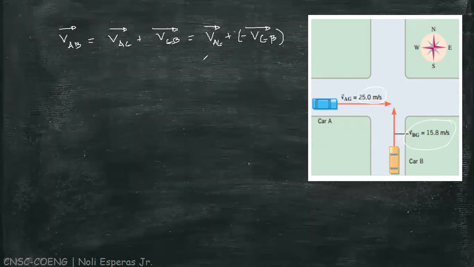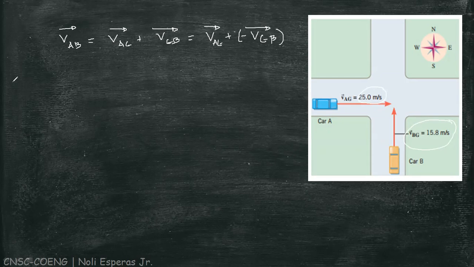Okay, so first let's solve for the x component of V_AB. We have the x component for V_AG, which is 25 meters per second. Okay po. And V_BG has a 0 x component. Therefore, we have here the final x component of V_AB, which is 25 meters per second.